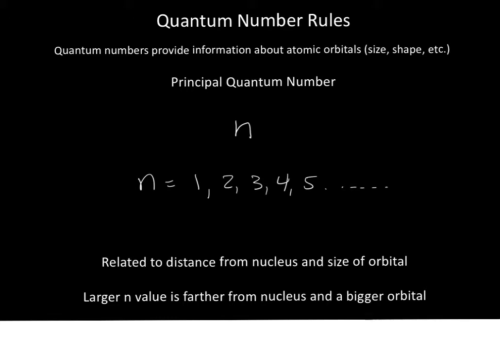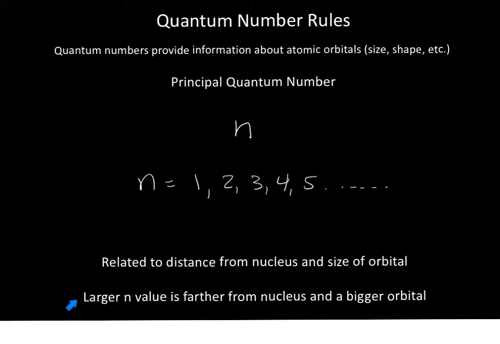Essentially, for the principal quantum number n, you start with 1, and then you just go up in integers. So n can be 1, 2, 3, 4, 5, 6, 7, 8, and it goes from there. That's the rules for that. Again, we'll talk more in class, but the n value is related to the distance from the nucleus and the size of the orbital.